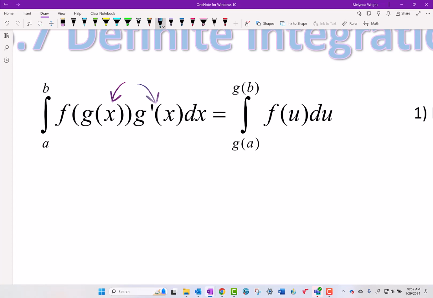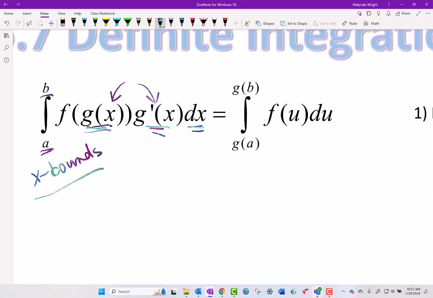Let's keep in mind that this variable and this variable and these bounds are all related. They all belong to x. There's x's inside of these functions. This is a dx, and these are x bounds. That's a really important concept for us to understand.